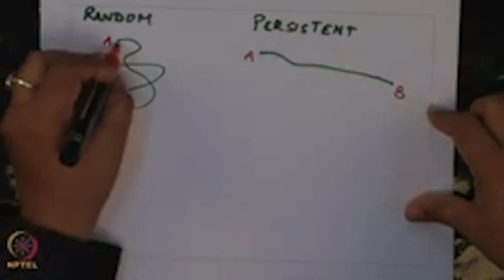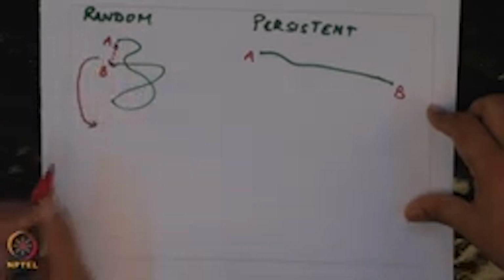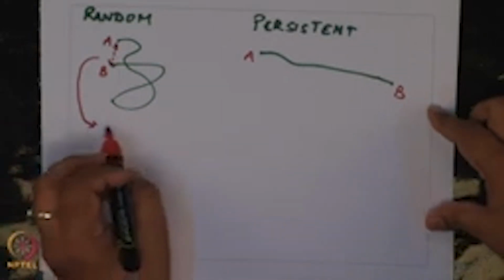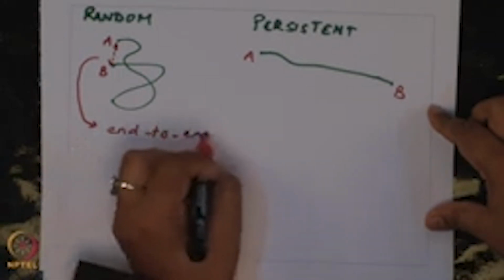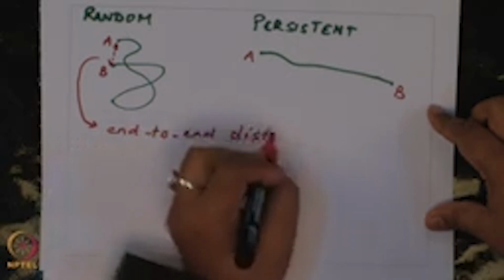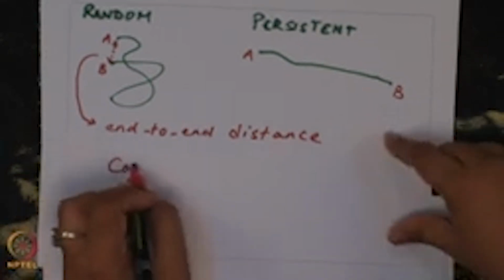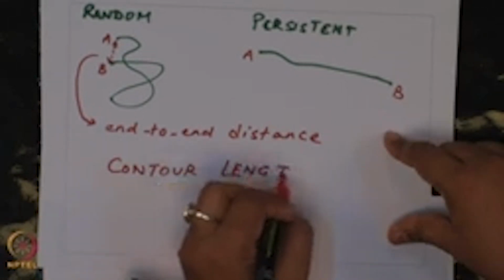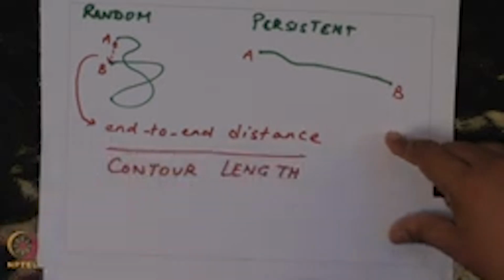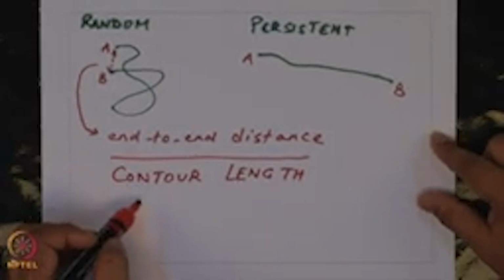You divide this distance AB, which is called the end to end distance, by the contour length. So, you can find this ratio of end to end distance by contour length.